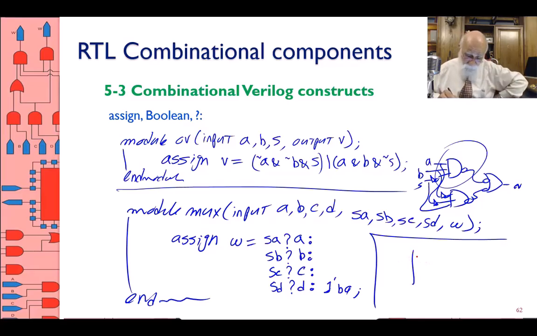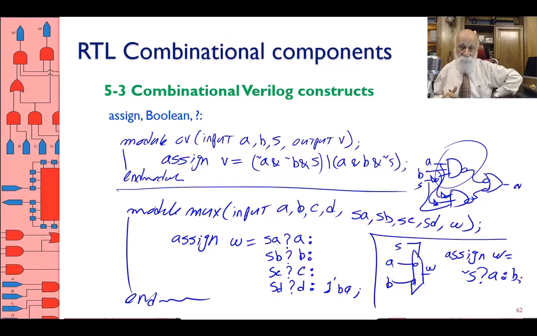If it is a 2-to-1 multiplexer with the binary select, S0 selects A, S1 selects B, and therefore you would say assign W equal, if select is 0, then A, otherwise B.